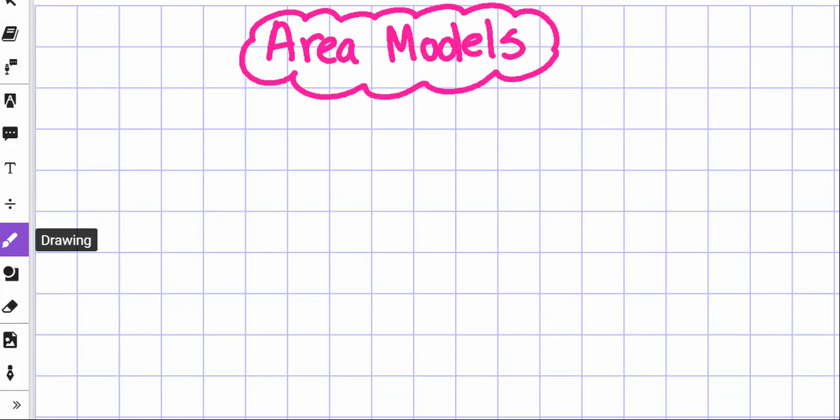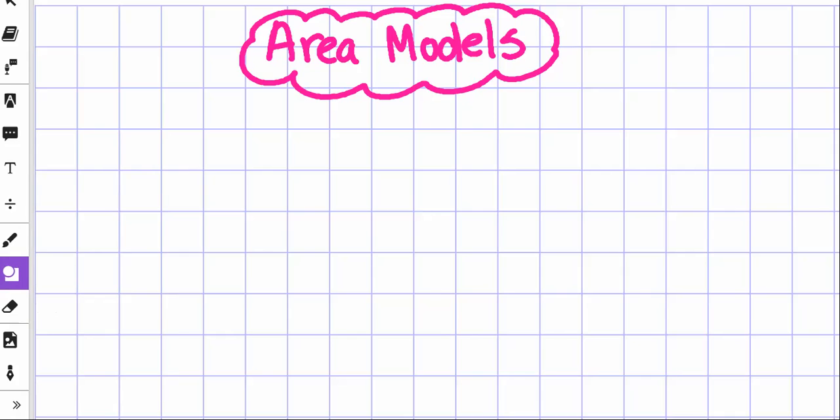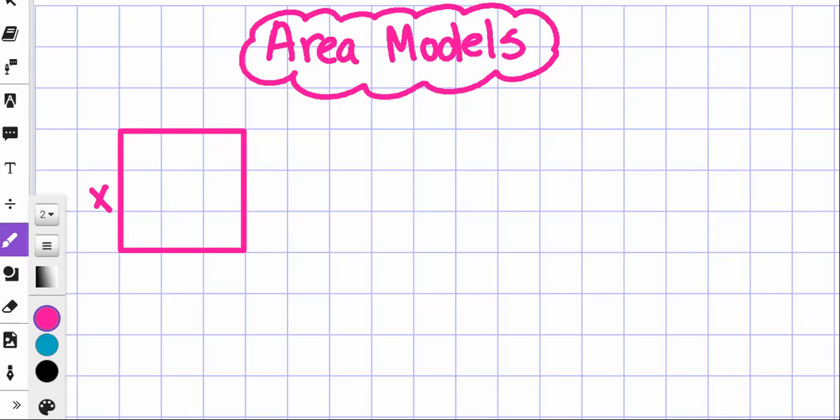So just as a little reminder, we had some algebra tiles that we were dealing with the other day. Okay. And we had ones that were big squares that were x by x, and we multiplied them, we got an x squared.